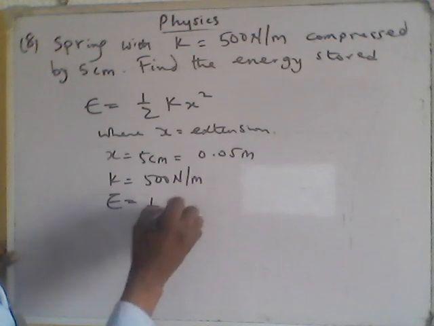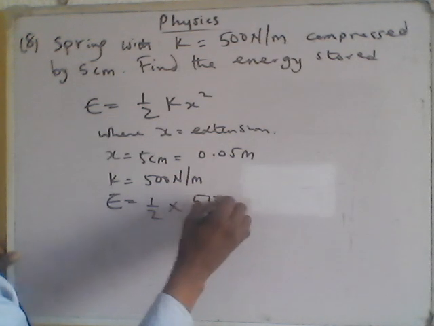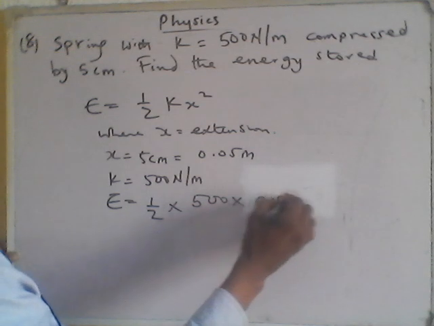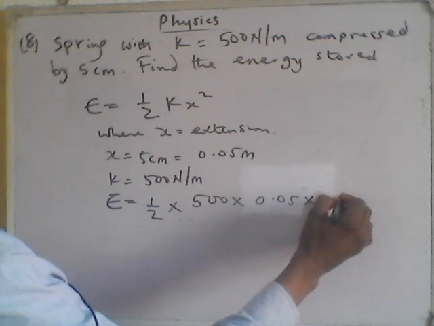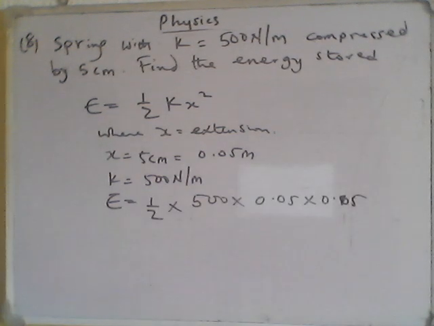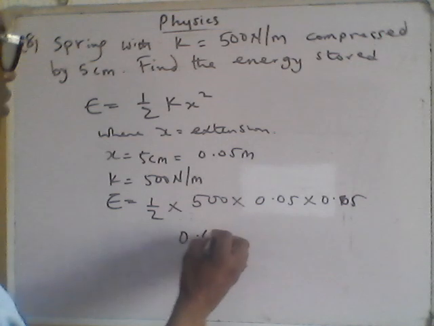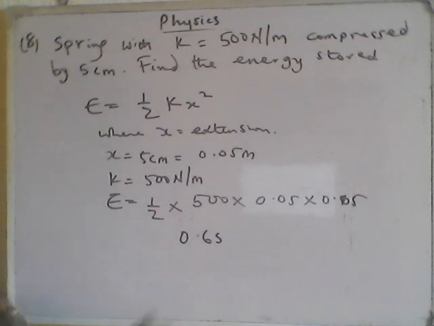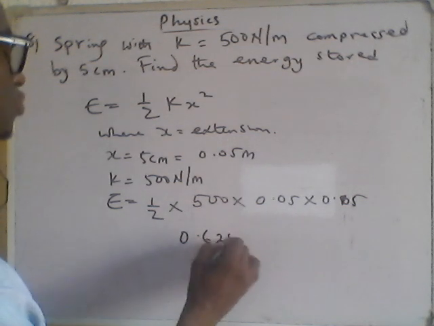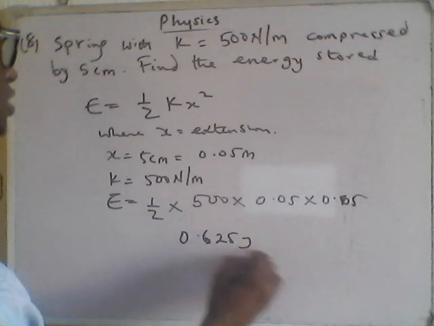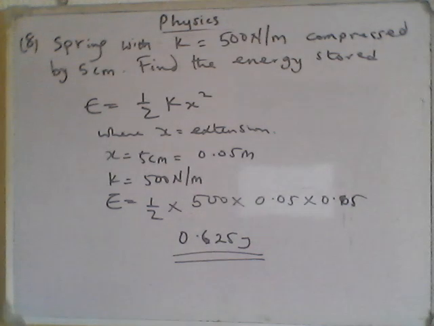E is equal to half times 500 times 0.05 times 0.05. When we compute, we'll be getting 0.625 joules. So this is the energy we're talking about, 0.625 joules. So the next question.